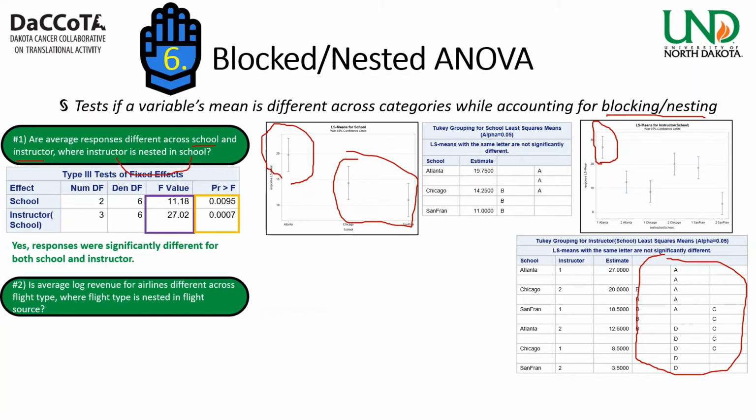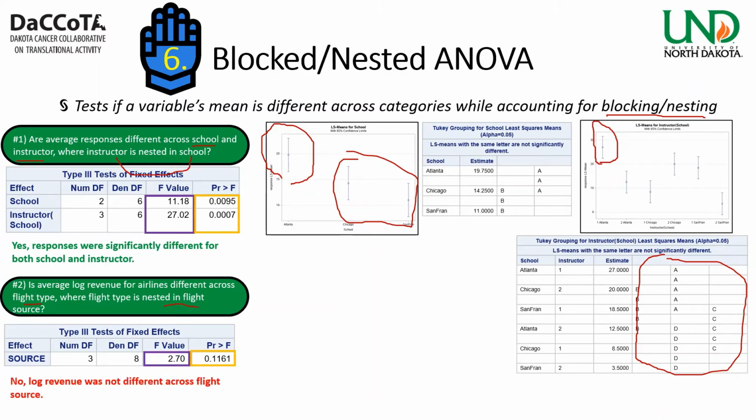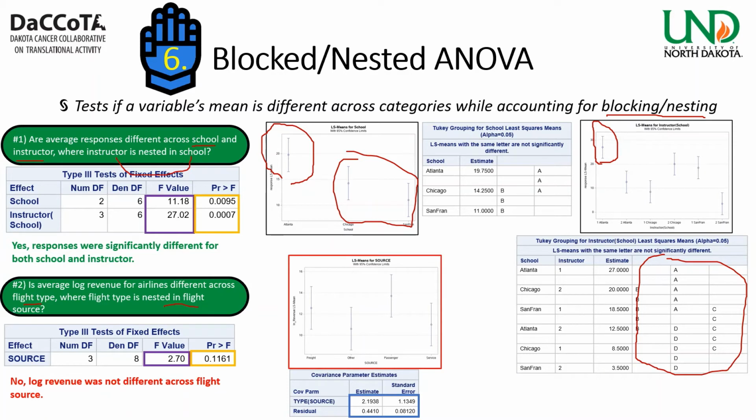Average log revenue of airlines across flight type, and that is nested in flight source. Now this time we included flight type, but we didn't care about it. We just included flight source in the outcome, and we find that that wasn't significant. And again, this is some output.